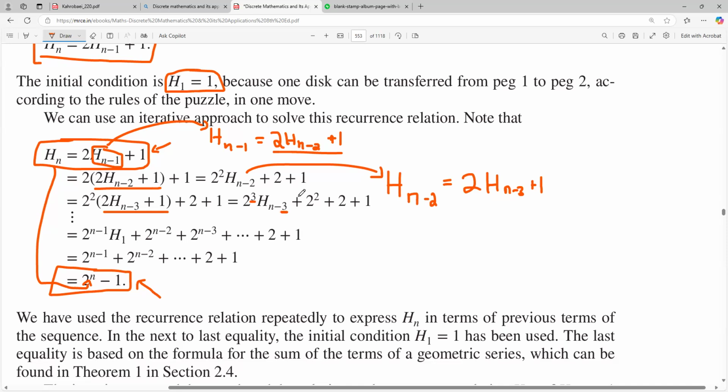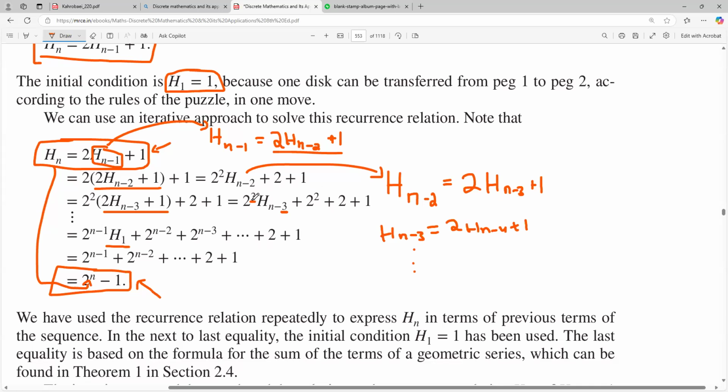And then we recursively do that. We keep going until we got h of n minus 3, which is equal to 2 times h of n minus 4 plus 1. And we keep going down the line until we hit h1. Right? h1 then gives us this.